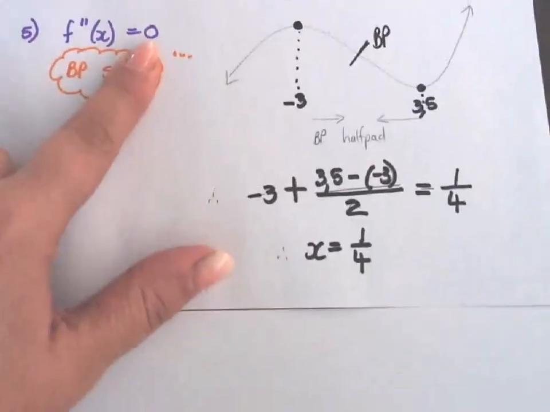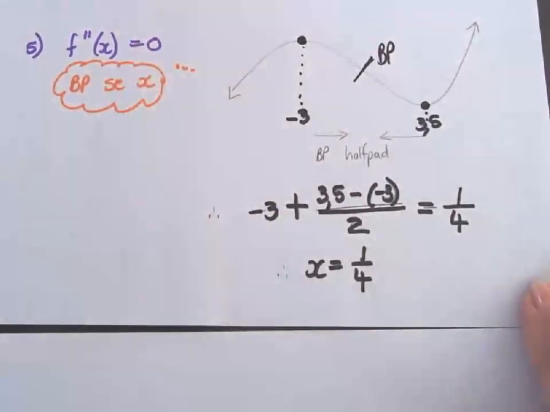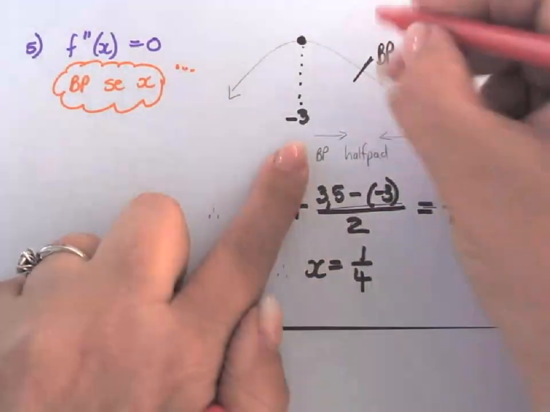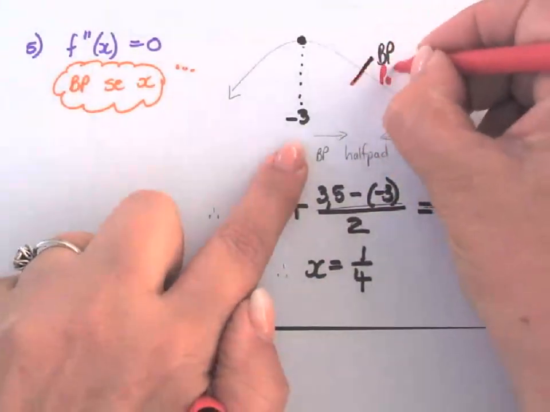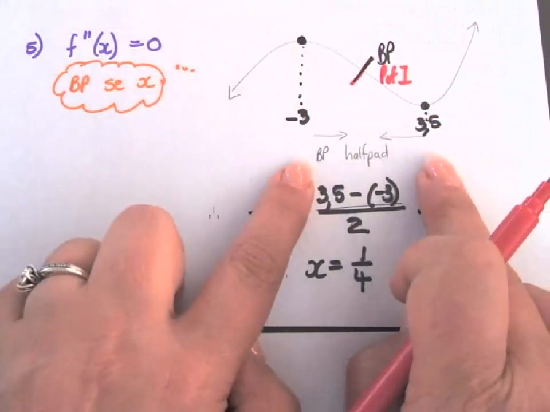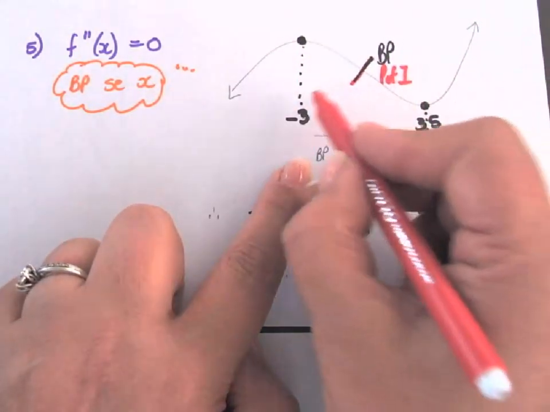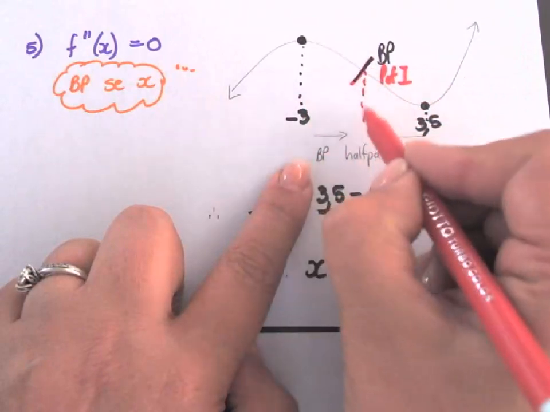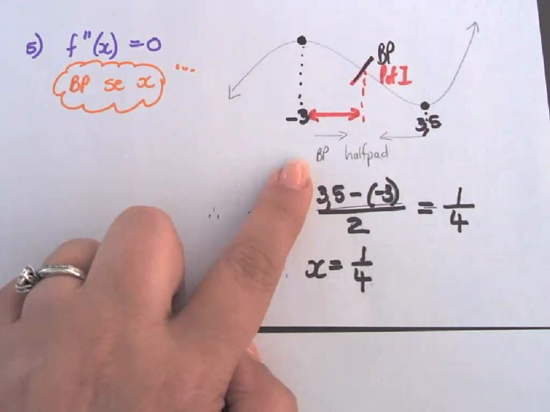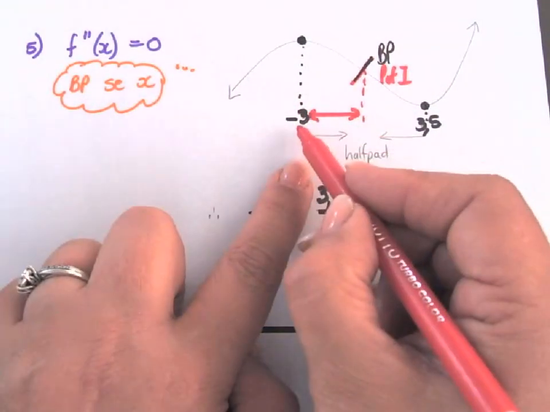Now this you need to work out. Focus. The point of inflection is halfway between the 2 turning point x's. That means that I have to get the distance from there to there, and then add that distance to negative 3.